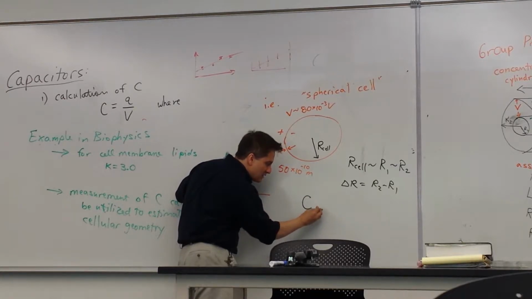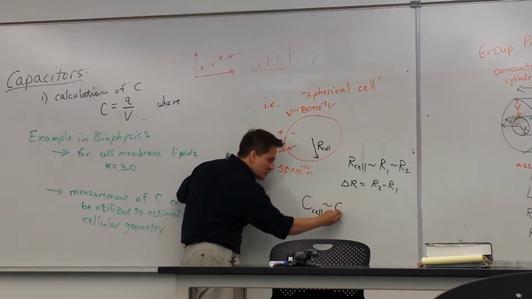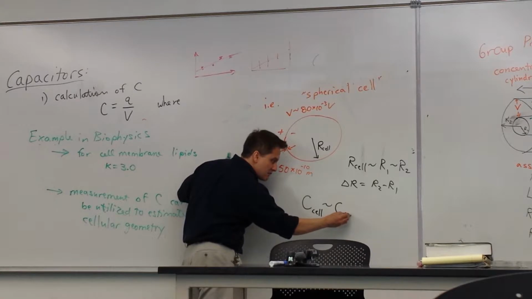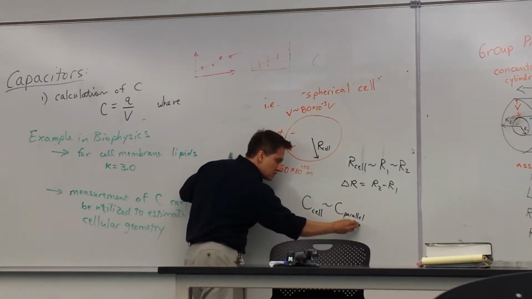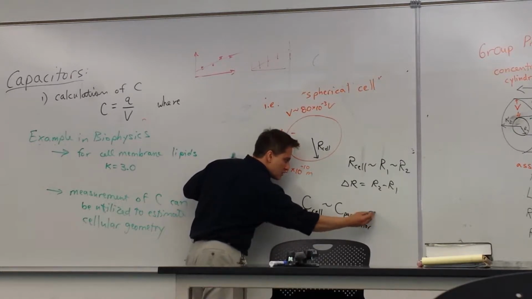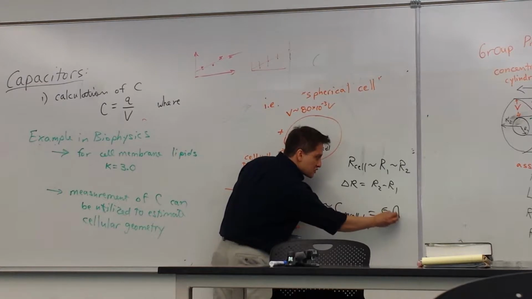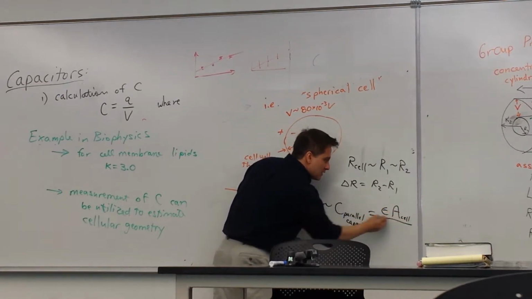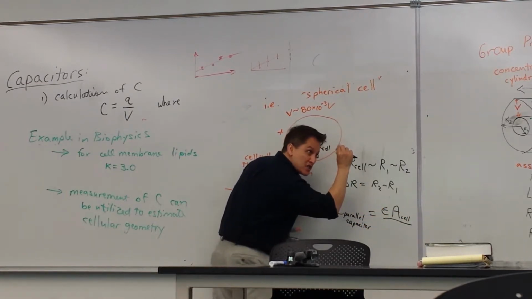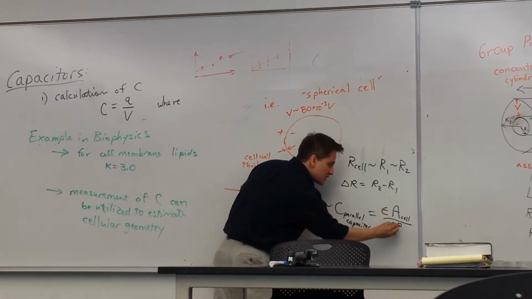The capacitance of a cell is pretty doggone close to the capacitance of a parallel plate capacitor, which we can describe in terms of epsilon, the surface area of the cell, divided by the separation distance of the plates, which is delta R.